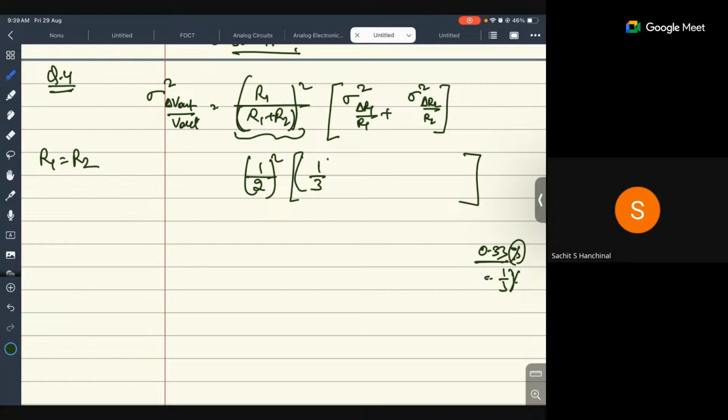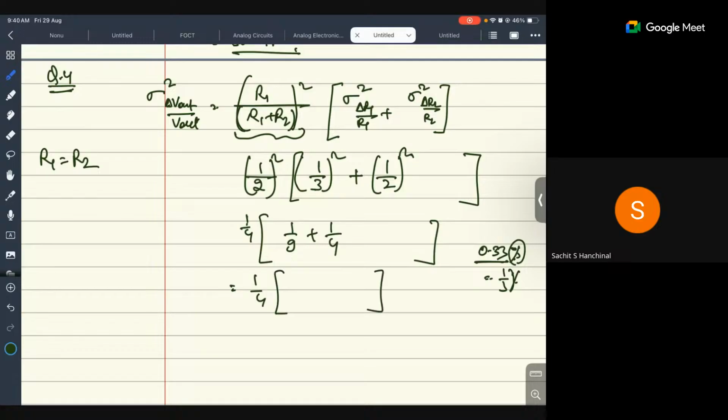Okay, so the variance is 1 by 3% square plus del R2 by R2, which is 0.5%, so 1 by 2 square. So 1 by 9 plus 1 by 4. If I solve this, the common denominator is 36, giving 13.